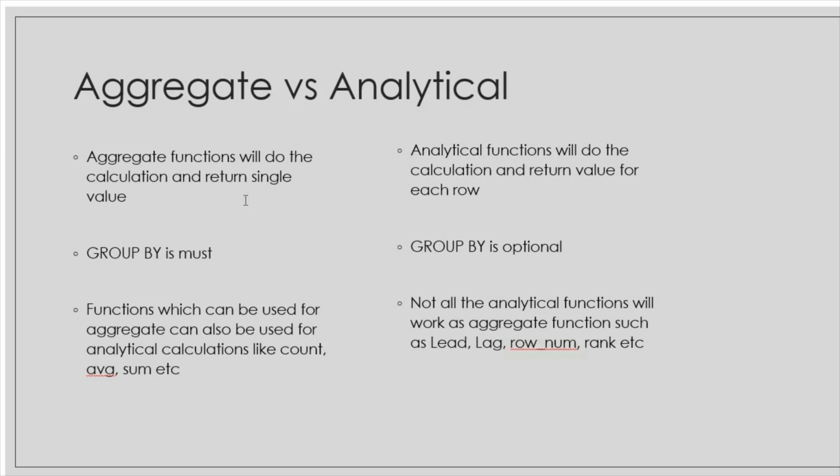Whatever function you are using, according to that, it will give you a lesser number of records, according to the calculation. In analytical functions, that is not the case. For each row, the value would be calculated and returned. So if there are 10 rows and you put some analytical function, 10 rows are going to get returned, right?